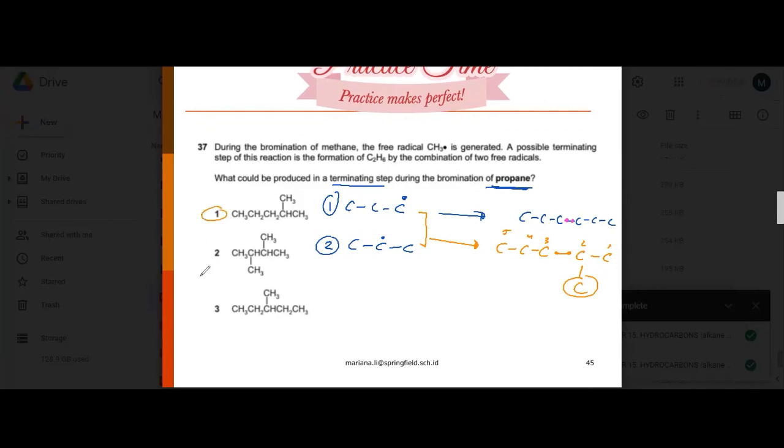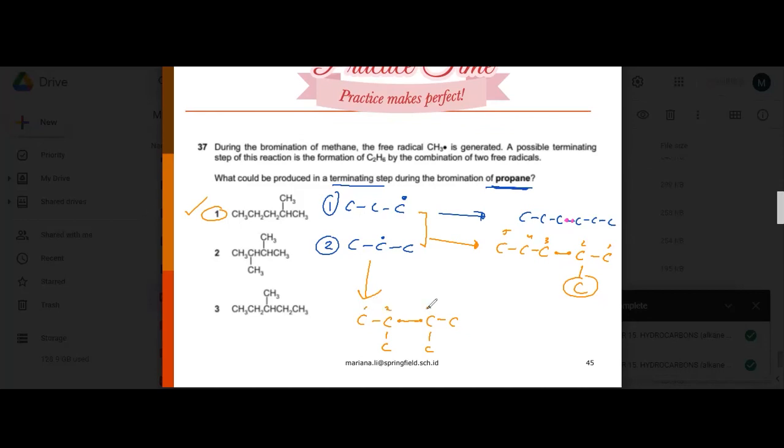You can see that number 1 is 2-methylpentane, so this is correct. What's the other possibility? The second free radical combined with the second one, second with second. So how to make the combination? This with this, make a new bond.